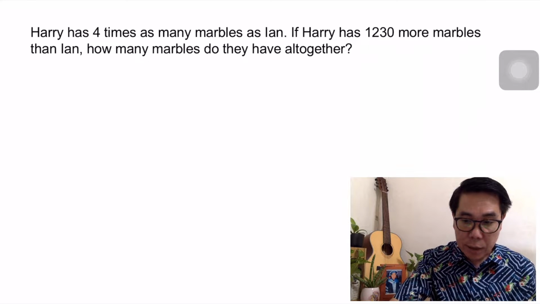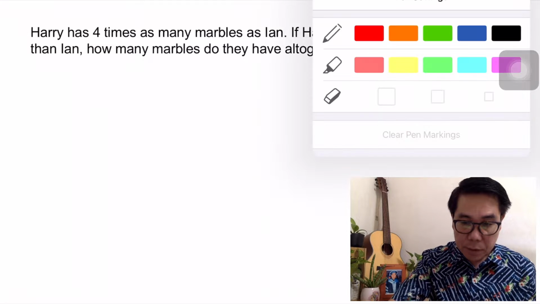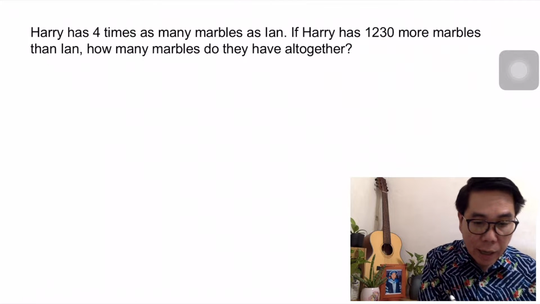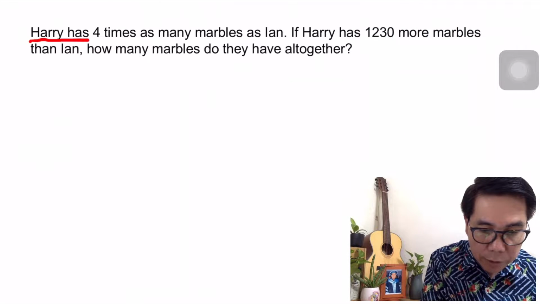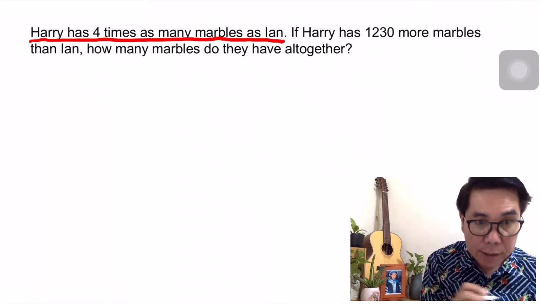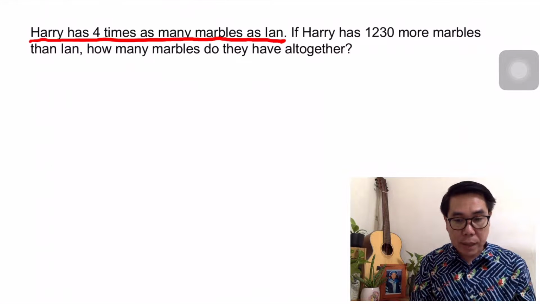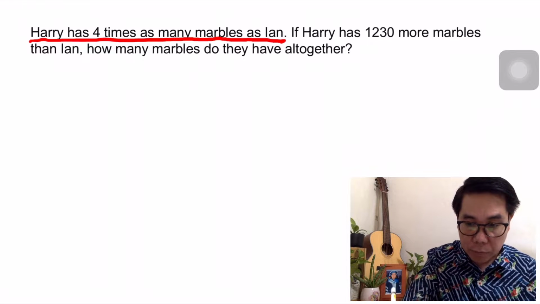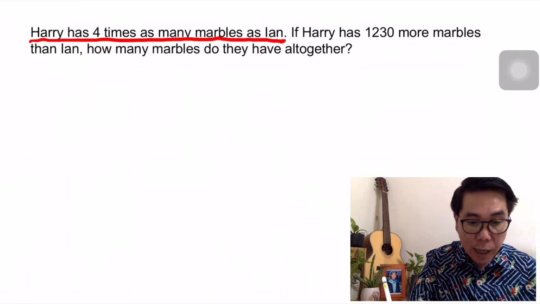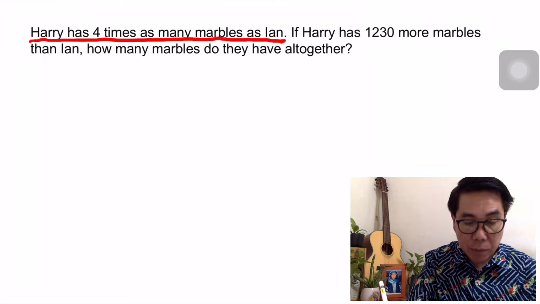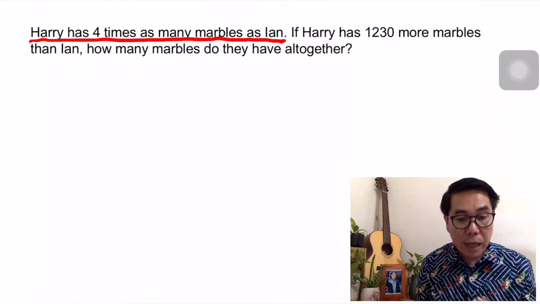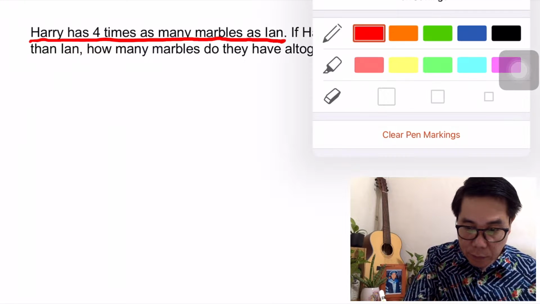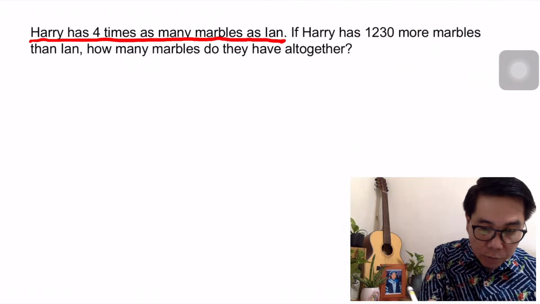So first, let us analyze the problem. Harry has four times as many marbles as Ian. So in the first statement, I can draw a model for it. In other words, Harry has more marbles than Ian. So I'll draw the model for this.